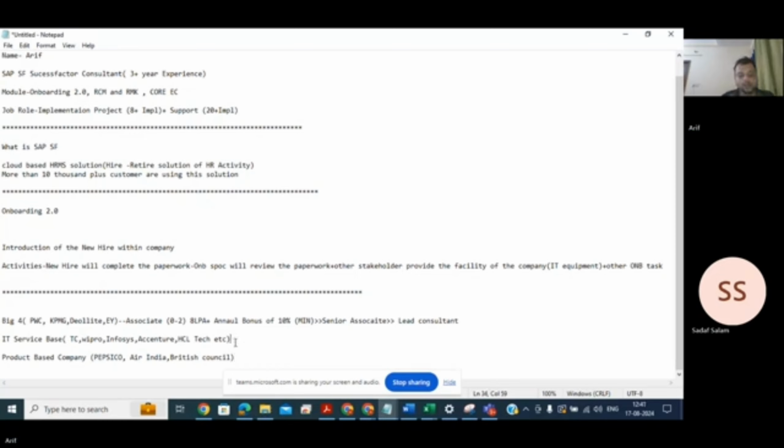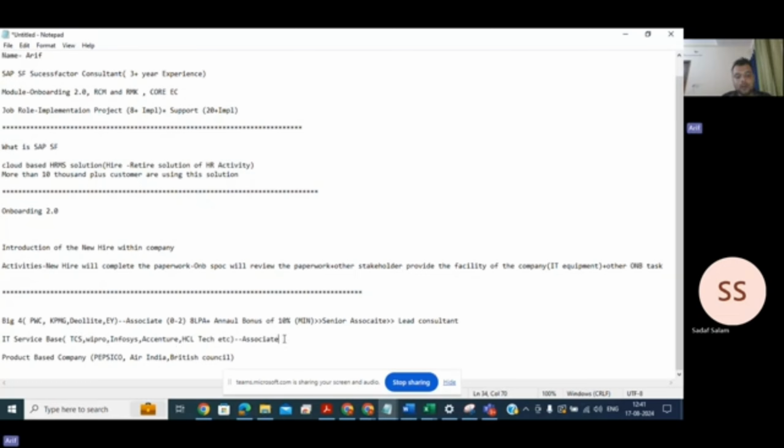Now I'm going to give you a brief about the IT service based companies, and how much they are giving. If you talk about the positions, they are also going to hire you as an associate, which is the basic level.